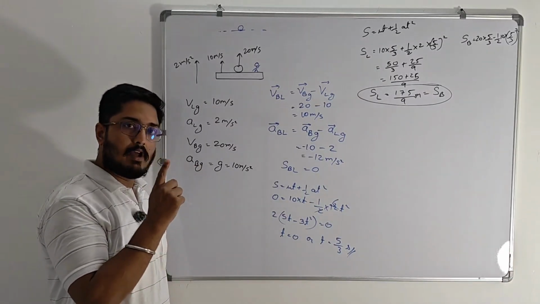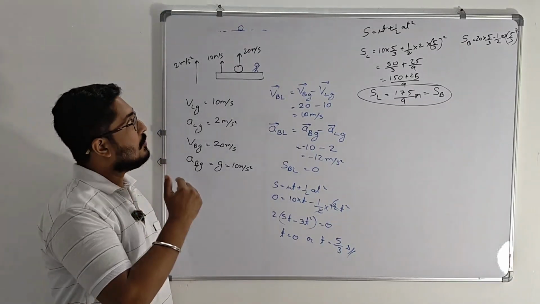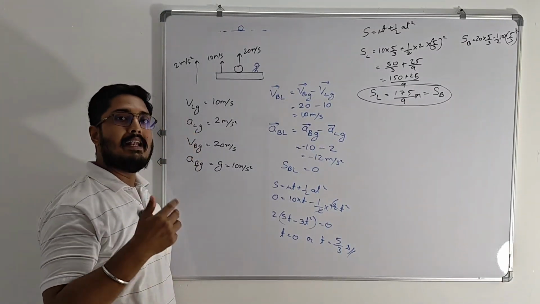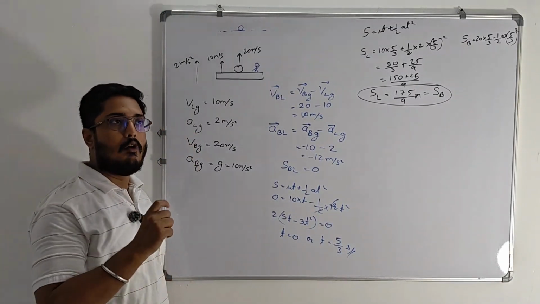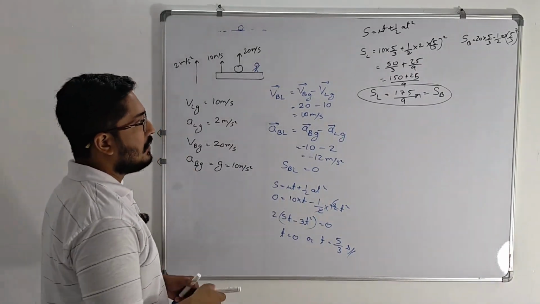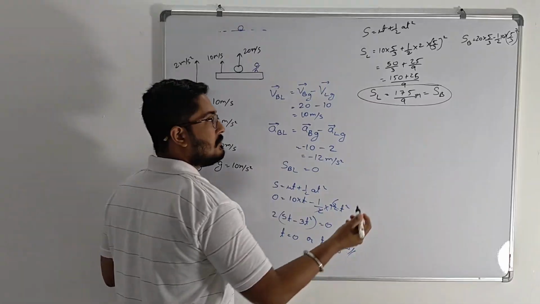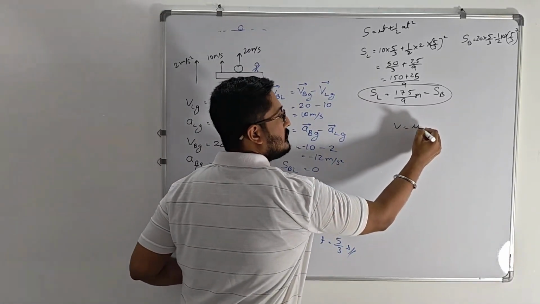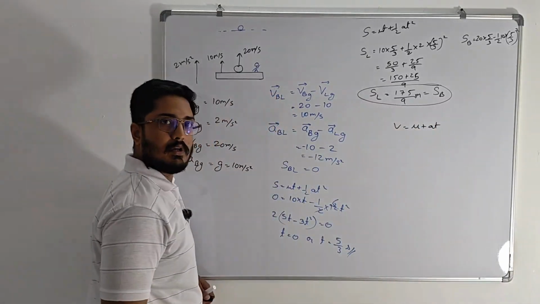So the first thing we have to check is, during the motion of the ball, when is it stopping? In how much time will my ball stop? Let us check that. To find when the ball stops, I can use the formula v equals u plus at, which is the easiest one.